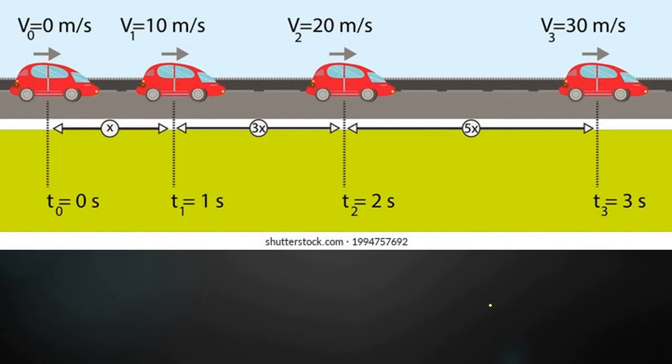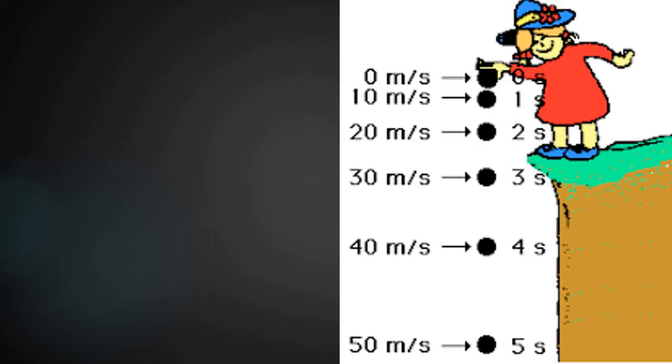This example. Another one is this case. Batang babae, nag-drop ng bola without initial velocity. The ball will accelerate at a rate of, from our diagram here, 10 meters per second squared. That means every second, the velocity increases by 10 meters per second.